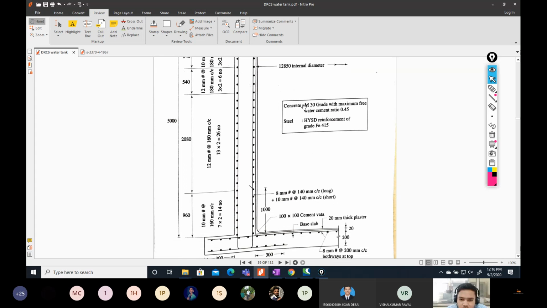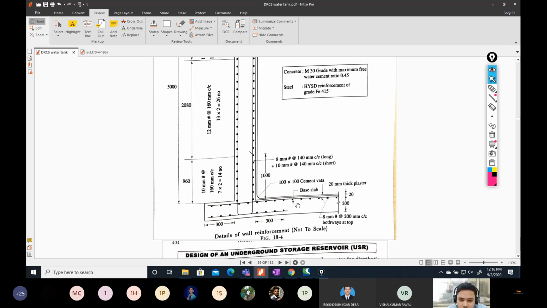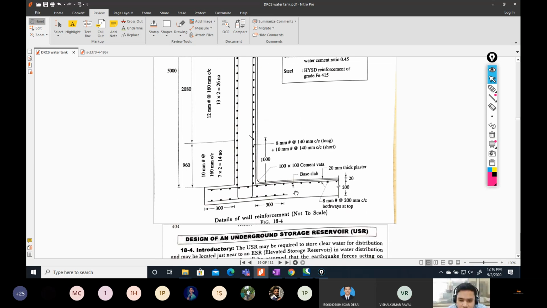Okay, and we have to mention the grade of concrete and grade of steel in our drawings. And here the base is not designed, but for detailing purpose some nominal steel is shown, but it has to be checked from the loading point of view also. Just for the detailing purpose some nominal steel is shown.